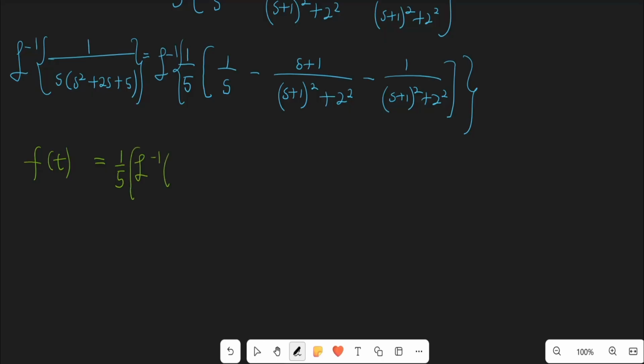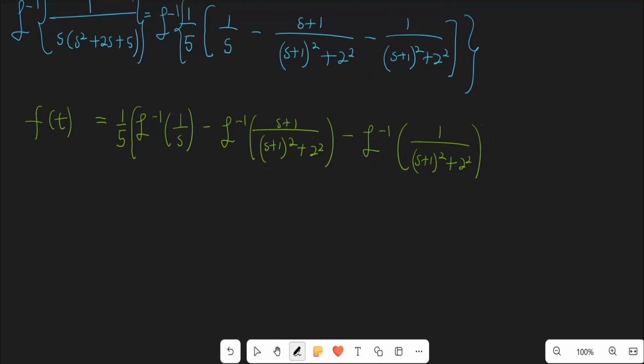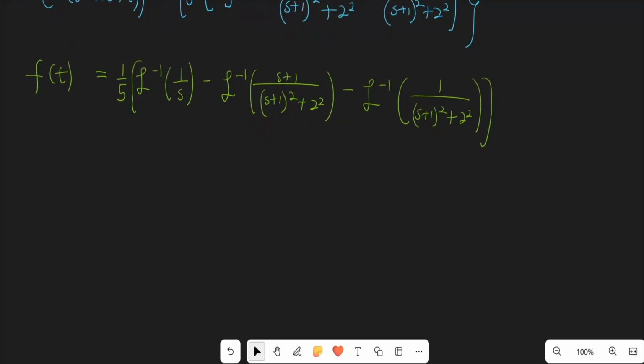So the Laplace inverse of 1 over s, minus the Laplace inverse of (s+1) divided by (s+1)² + 2², minus the Laplace inverse of 1 all over (s+1)² + 2², like this. So all this one is multiplied by 1 over 5 in front. So f(t) is equal to this, 1 over 5.